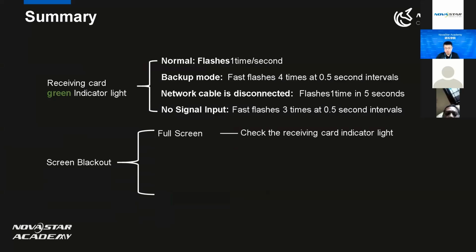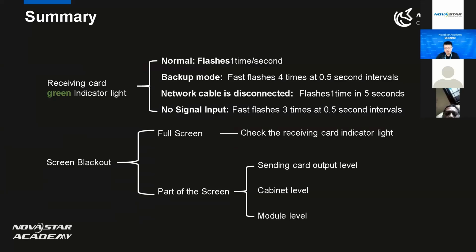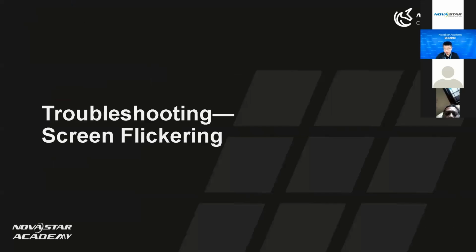Then try to know if it is full screen blackout or part of the screen blackout. After we verify the screen blackout level, we can check all the factors to do a cross validation, and then you will get a solution.